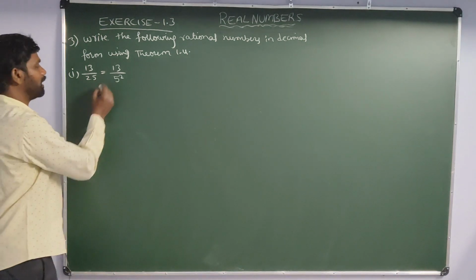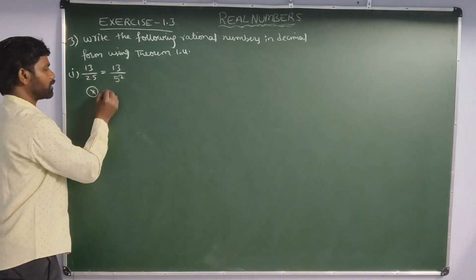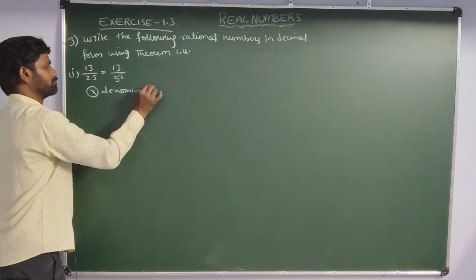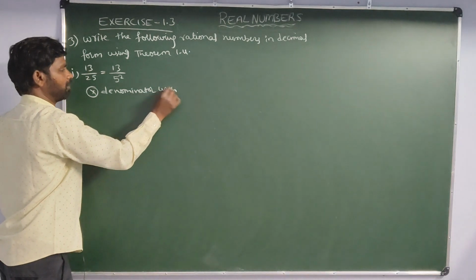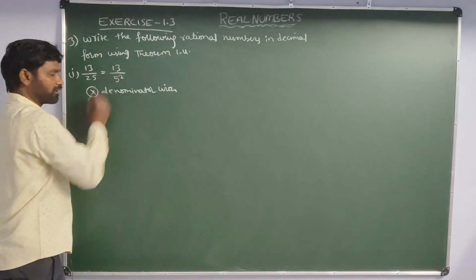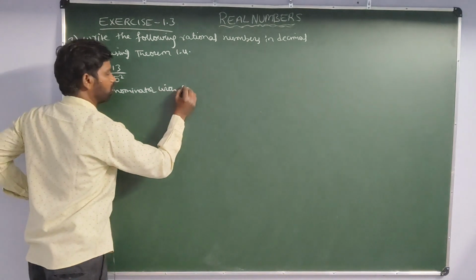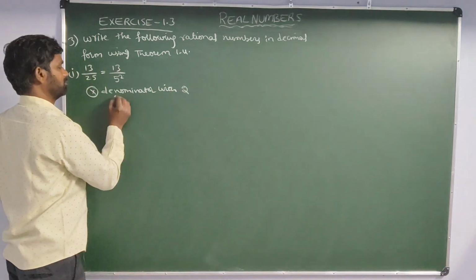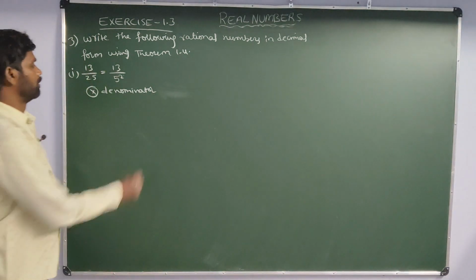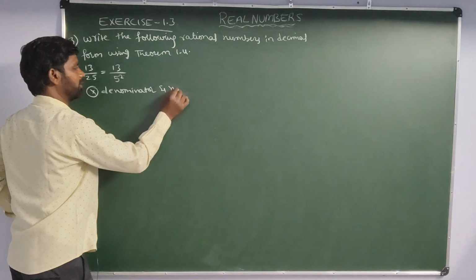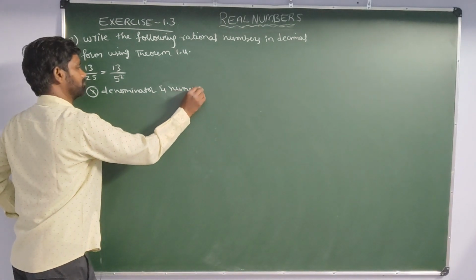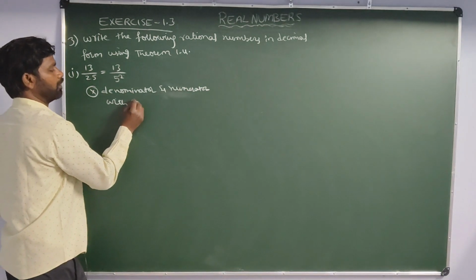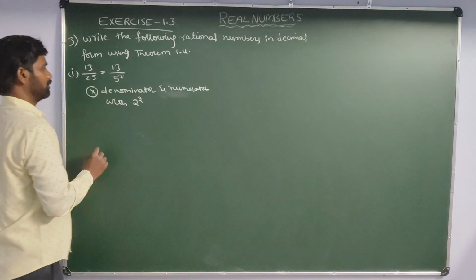So let us multiply the denominator with, what is the power of 5 here? So the power of 5 is 2, no? So we have to multiply the denominator and numerator, sorry, both denominator and numerator with 2 square.